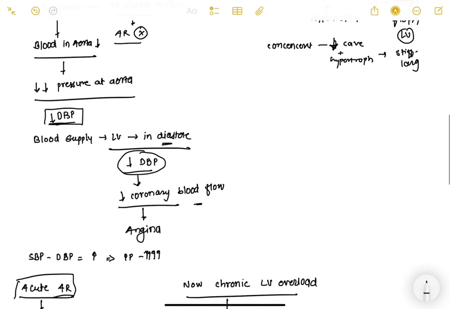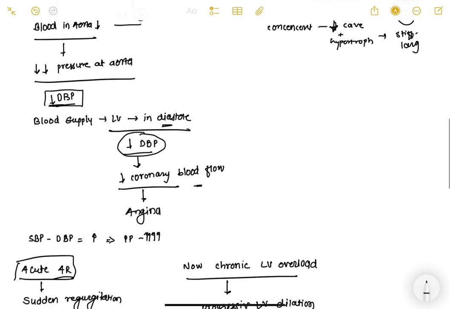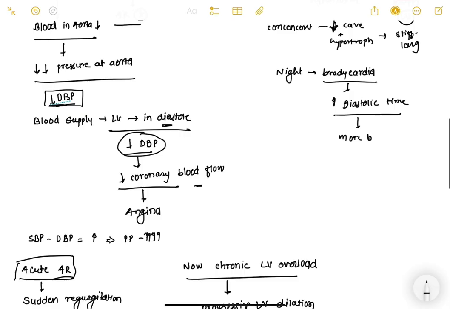One thing I want to make clear, that at night what happens, there is a bradycardia. So what happens in the bradycardia, there is an increase in diastolic time. Since there is increase in diastolic time, there will be more blood leakage, right?